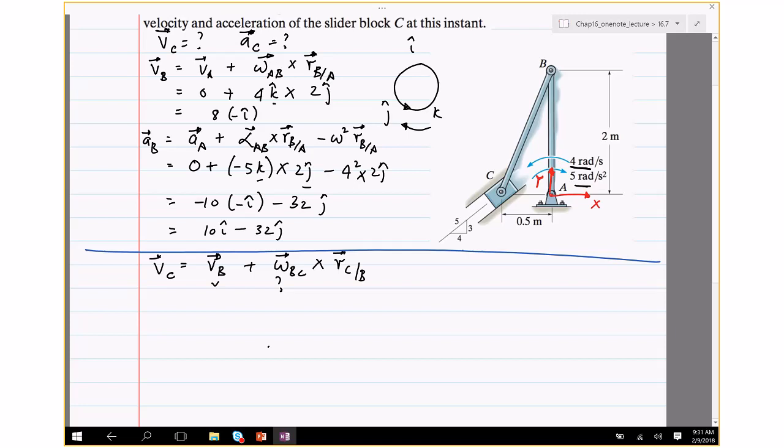So we can make a guess. Let's assume that angular velocity of BC is counterclockwise, and if that's wrong, then the sign will come out to be negative.